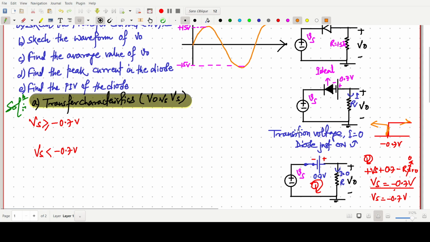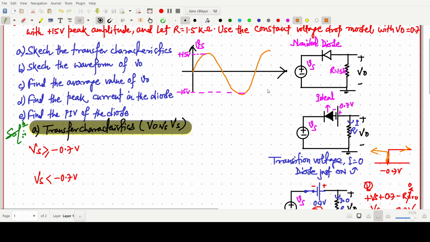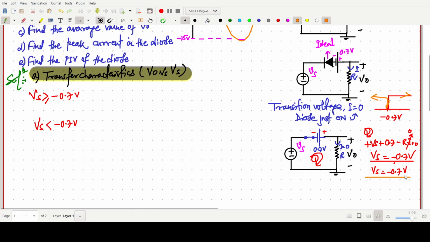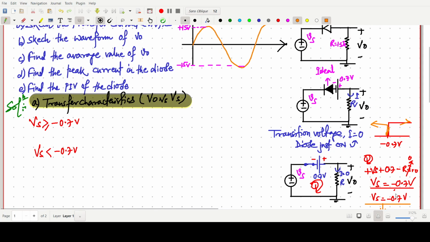For this purpose I want to use this graph once again. This one is the Vs. Just after finding the transition voltage, Vs equals minus 0.7 is the transition voltage. Why it is very useful, I will show you.